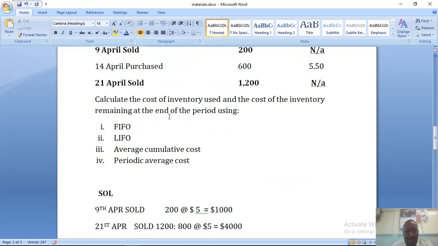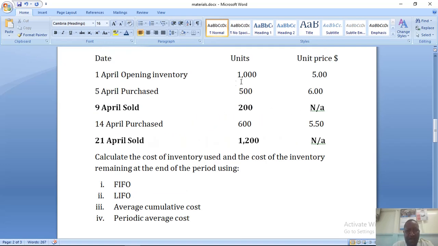What is the cost of inventory remaining, the closing inventory? Let's go back to the table. The opening inventory units are all issued out. Remember, we took 200 from 1,000. We remained with 800. 800 was issued on the 21st of April. Then from the inventory received on the 5th of April, 500 units in total, we've already issued 400 units out of the 500, so we are remaining with 100 units.